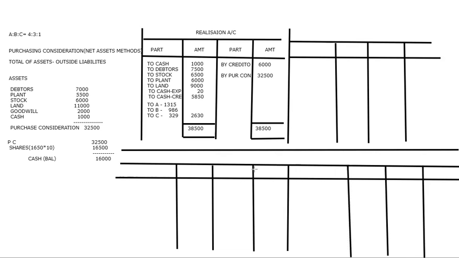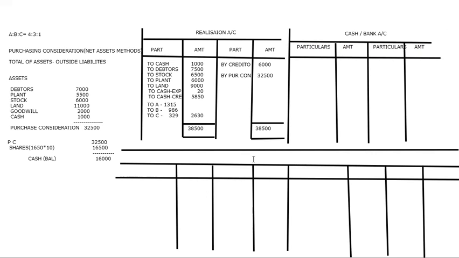So here it is done now. Now cash and capitals, I'm going to do simultaneously. So first is the cash or bank account. Cash or bank account. Here it is called particulars, amount, amount.